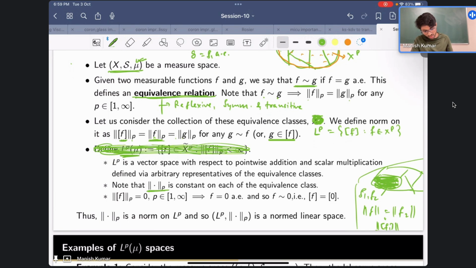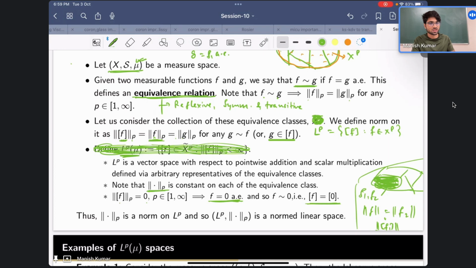You can see here that if the norm of the class of f is 0, then that would imply f is 0 almost everywhere, and this implies that the class of f is nothing but the class of 0. So on this space it is a norm.